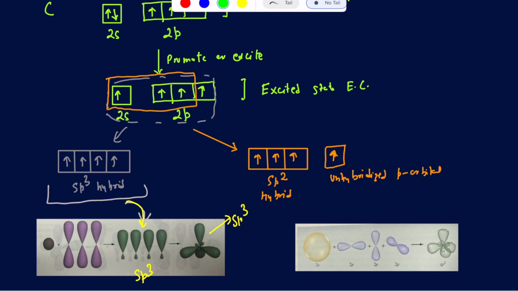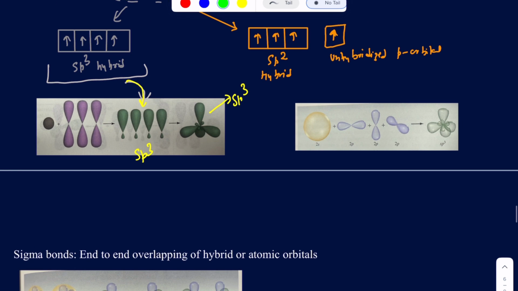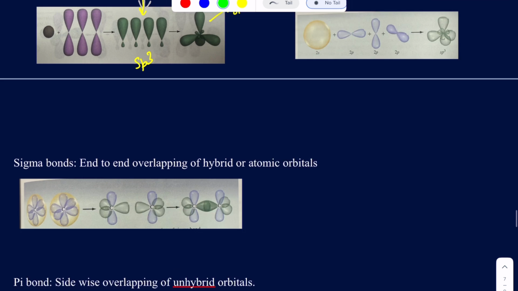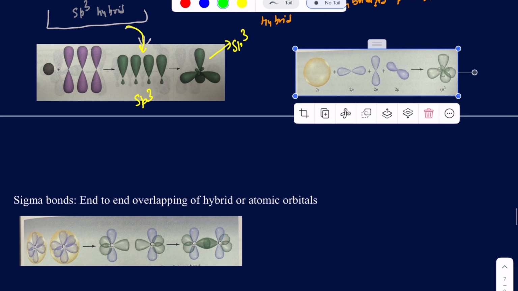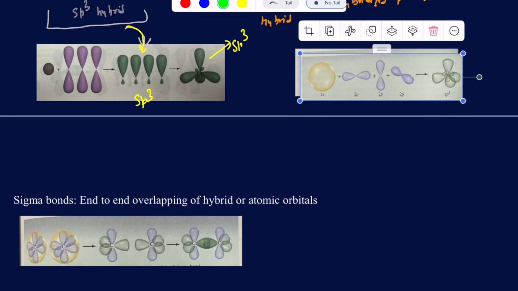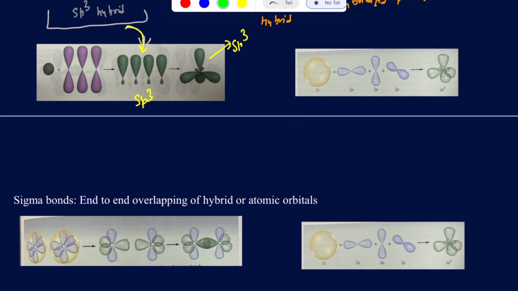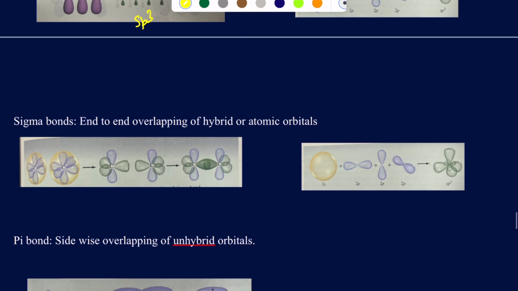Now let's talk about how the sigma bond is made. I can probably take this example as well. I'm just going to copy this. Okay, so if I am making, let's say, CH4 for a minute. In a CH4, this is the Lewis dot structure.